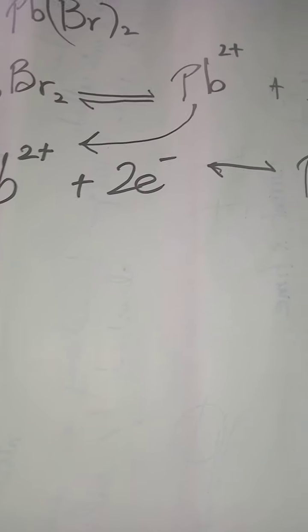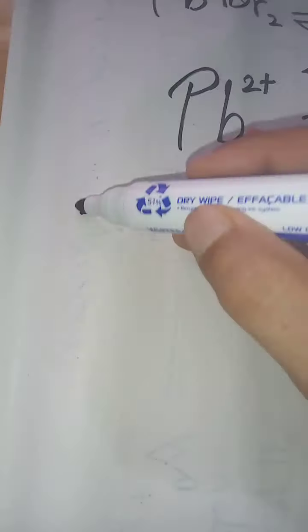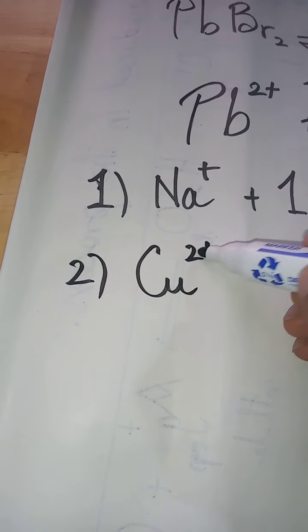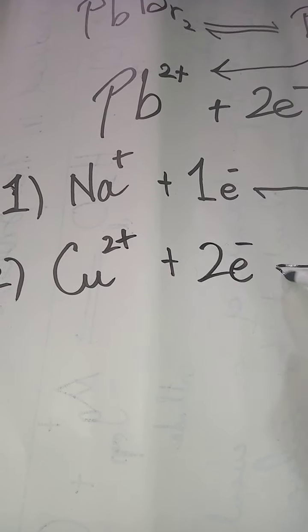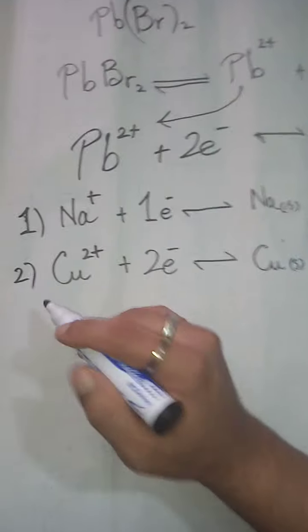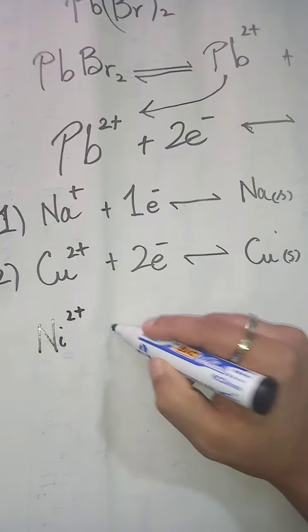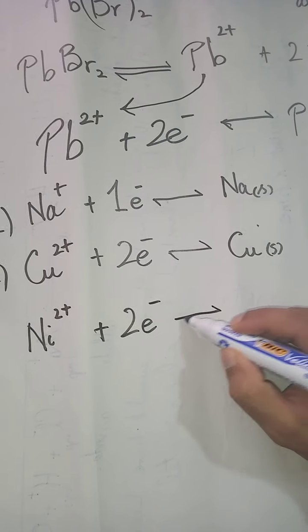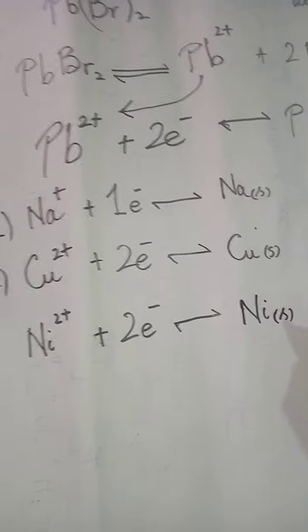So the first example I'd like to take you through is of sodium. So sodium would take 1 mole of electrons to become 1 mole of metal deposited at the cathode, followed by copper, which would take 2 moles of electrons to become an inert solid, and then nickel would take 2 moles of electrons as well to become 1 mole of solid at the cathode.